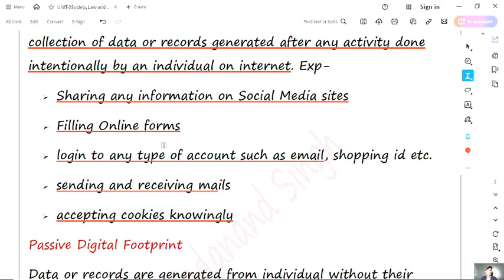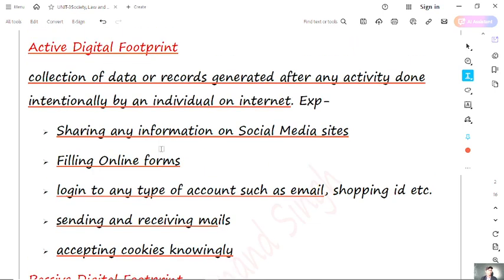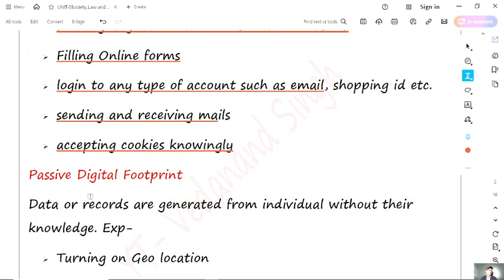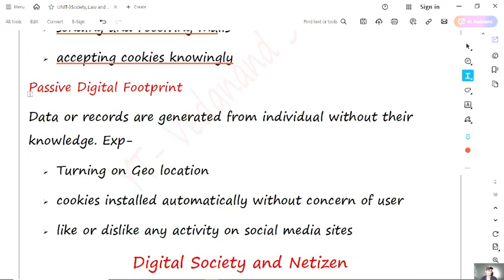Whenever you use social media, fill online forms, send or receive mail, or use an e-commerce website, all of this comes under the active digital footprint.